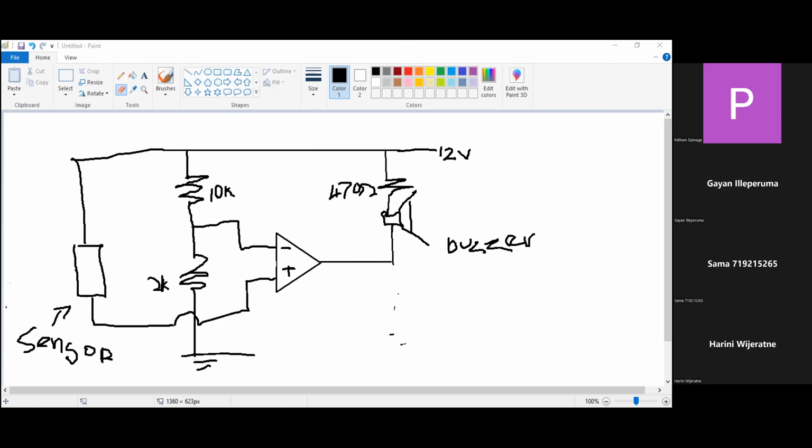Hello, are you there? I don't know whether your line is disconnected. Yes, I'm here. Okay, your circuit is, I think, almost correct. Can you explain how it works?